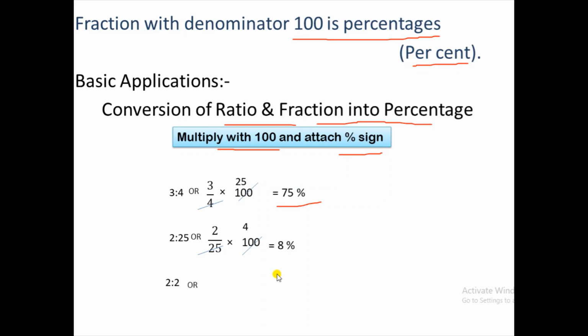One more, if you see, here it is 2 by 3. So 2 by 3 can be converted by simply multiplying with 100, and you can easily get 33.33, multiplied by 2, it is going to be 66.66%. Okay, so the procedure is very simple: we multiply with 100 and attach the percentage sign. Easily we can convert a particular ratio or fraction into the format of percentage.